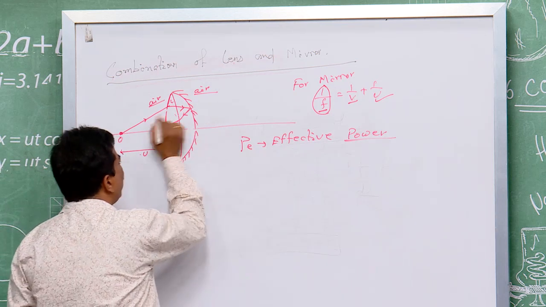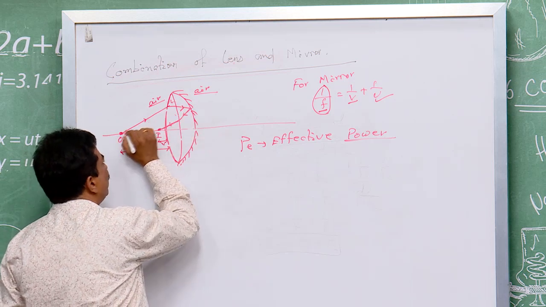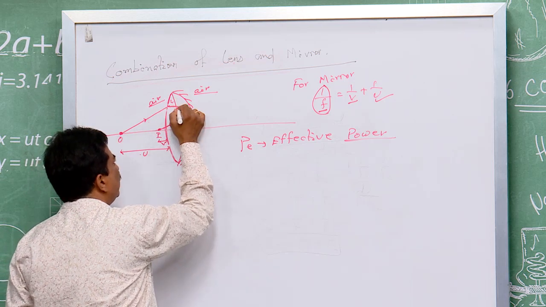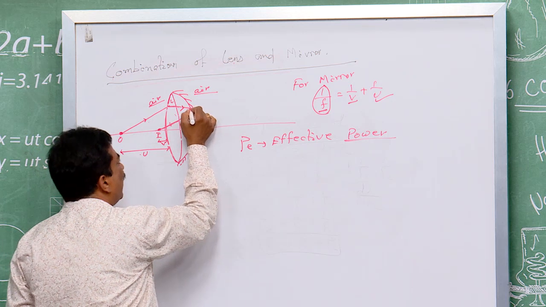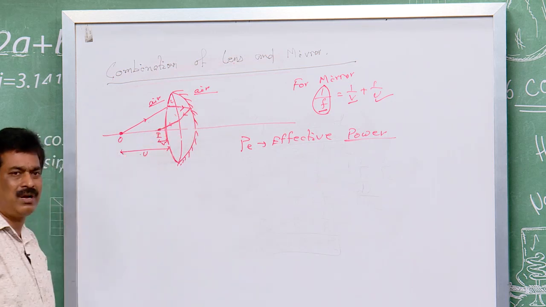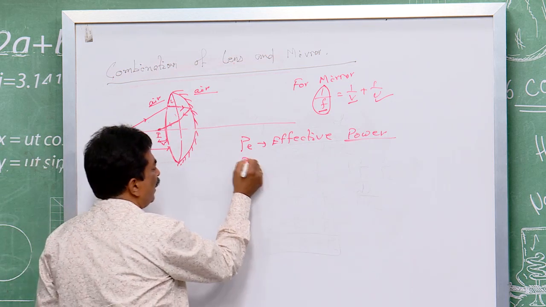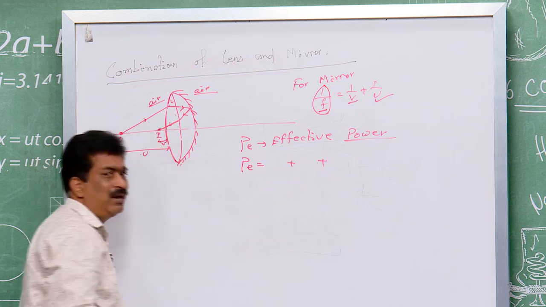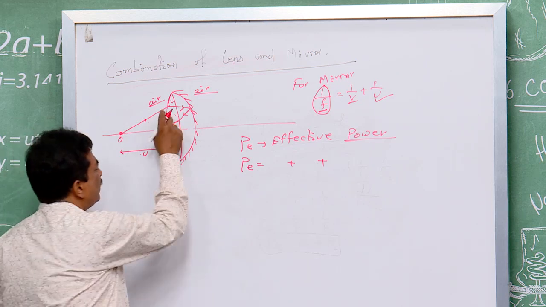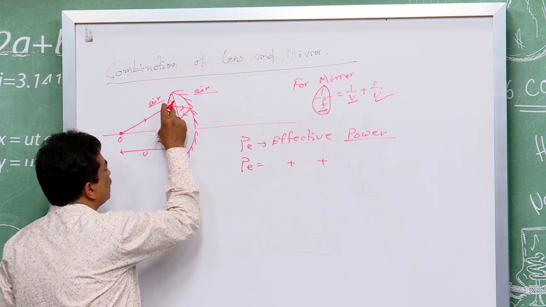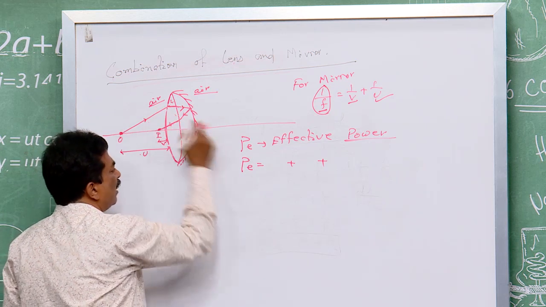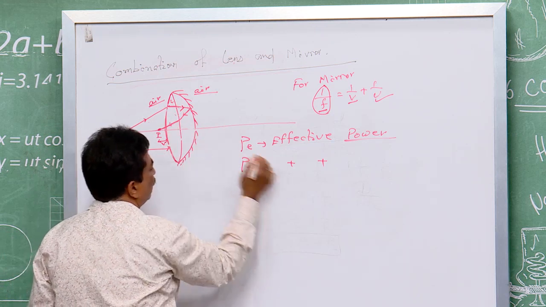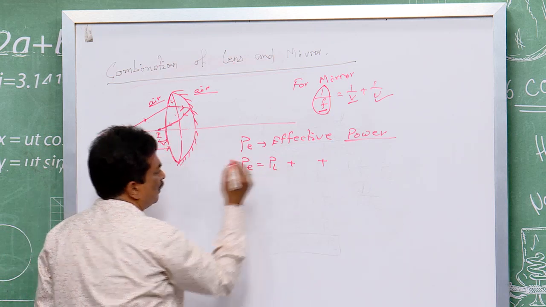First the light goes through the lens, again it goes through the mirror, and again it comes through the lens. Therefore, the effective power is the sum of the individual powers. The first refraction takes place through the lens, so that is the power of the lens.